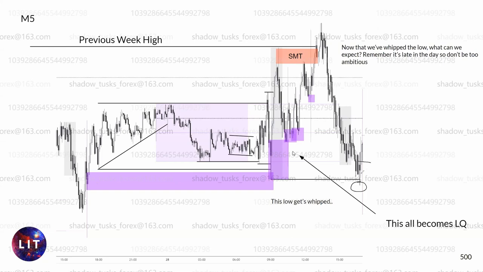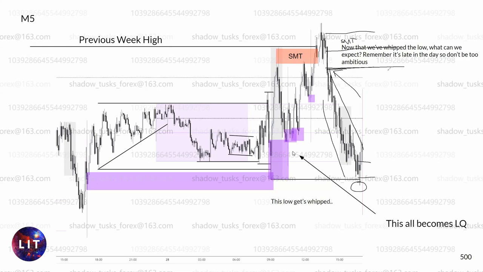We've got our London close mitigation within here, something within there. So what should we expect? Realistically, we should either take it out at a mitigation, even though you should probably expect this to be like an SMT, or just the imbalance fill. Personally, I'd always recommend taking it out at the imbalance fill, because in cases like this, you don't know if it's going to come and fully mitigate, and you could see this as like a channel.